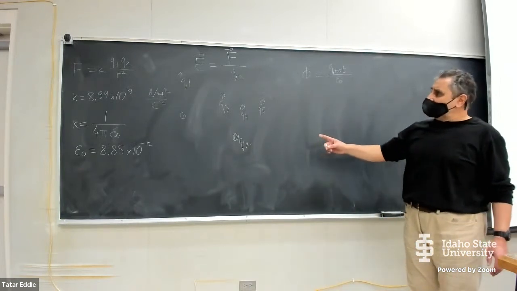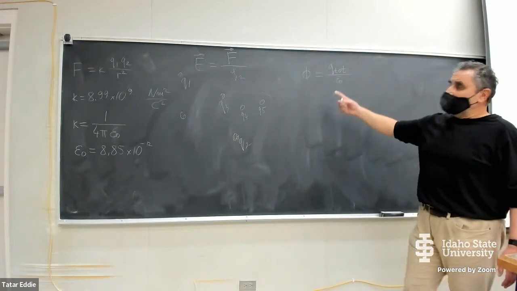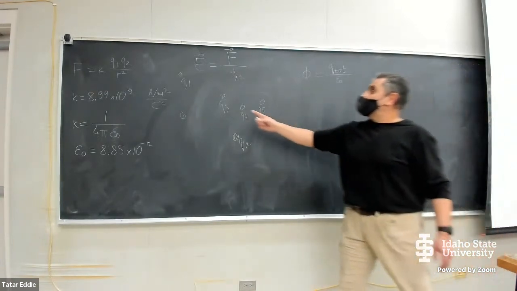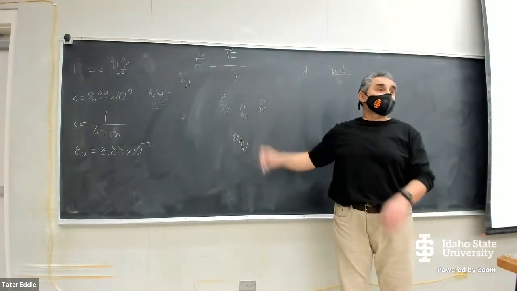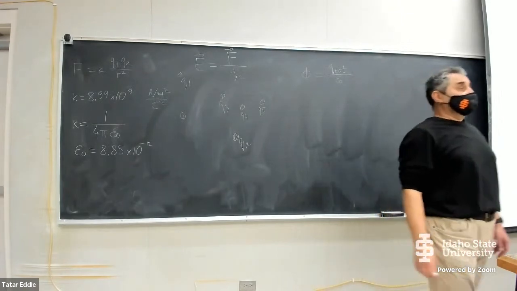So for our case, Q total is just the algebraic sum of Q3, Q4, and Q5, if you think about only the picture on the board.